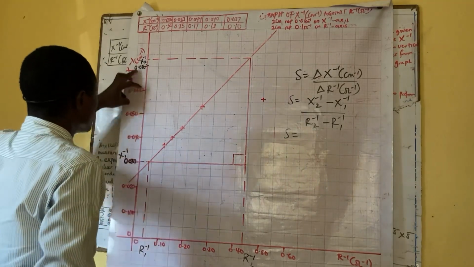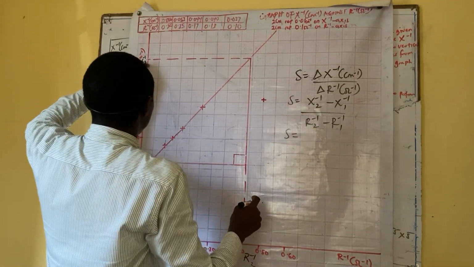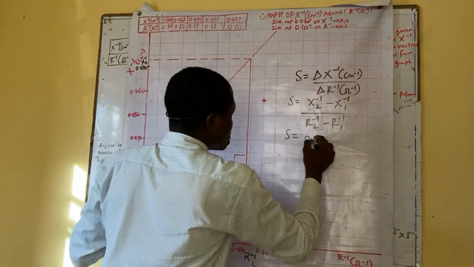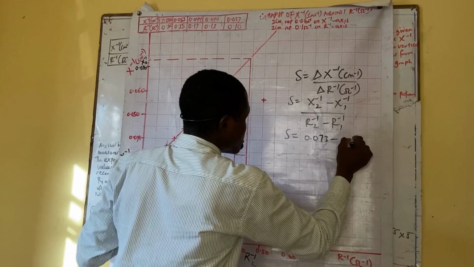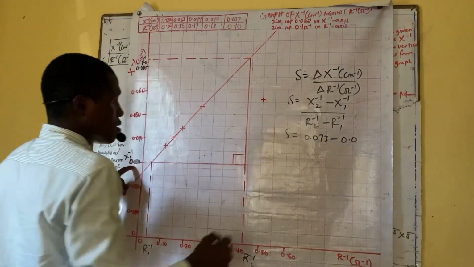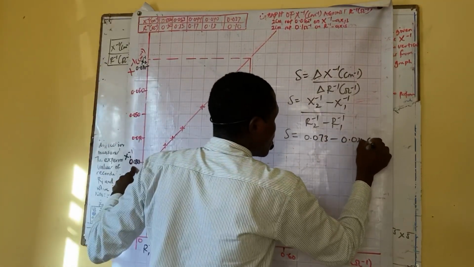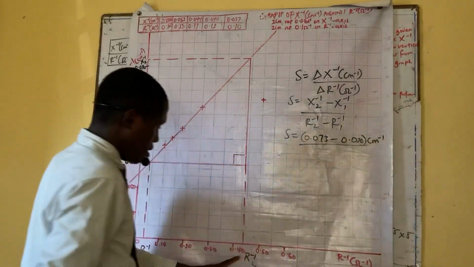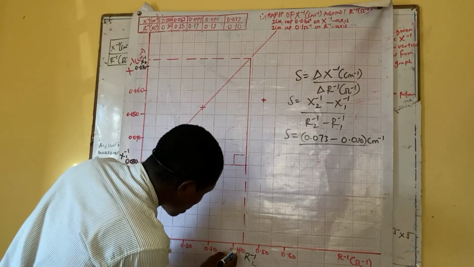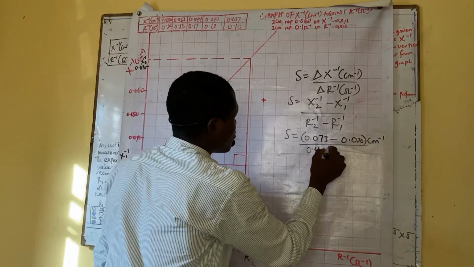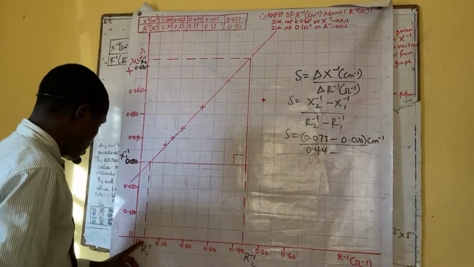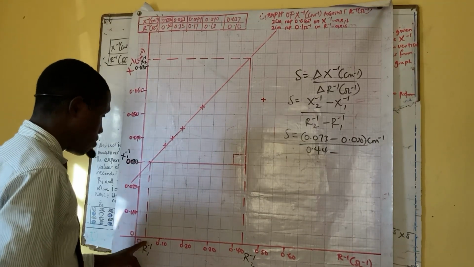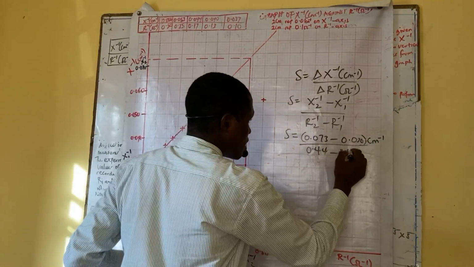Your S inverse 2 is 0.073 minus 0.030 per centimeter, divided by, this one is 0.44, 0.44 minus 0.04.